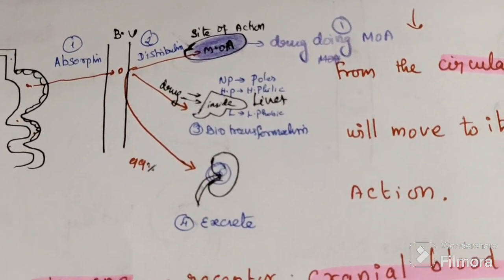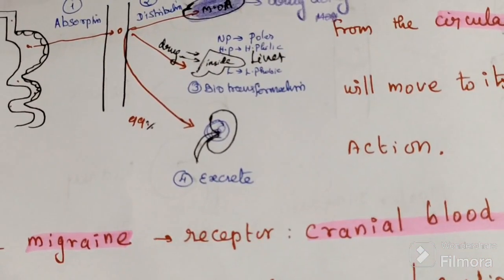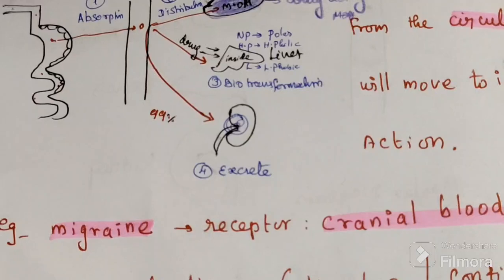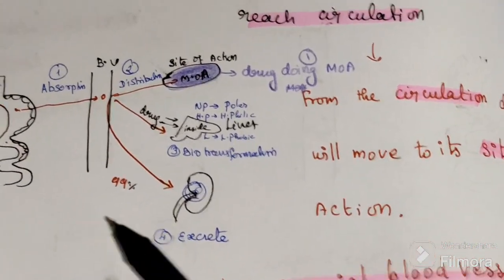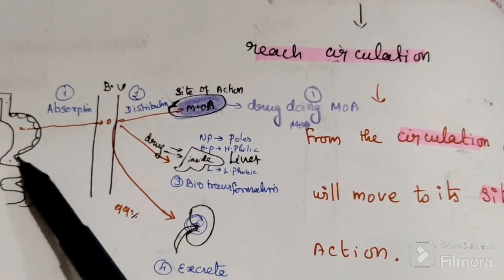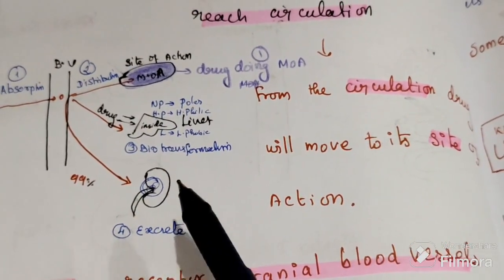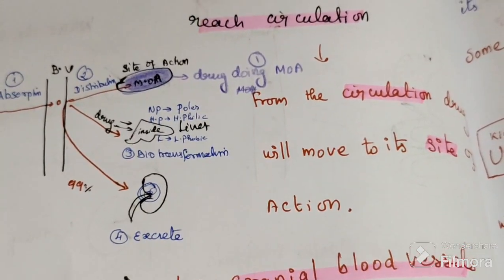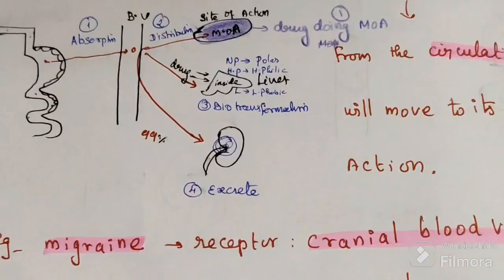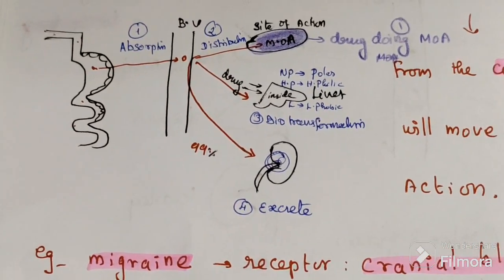So acidic drugs are excreted from this organ, and basic drugs are also excreted from this organ. For absorption, acidic drugs use the stomach and basic drugs the intestine, but for excretion both acidic as well as basic drugs are excreted through the kidney only. In the kidney, urine is formed.